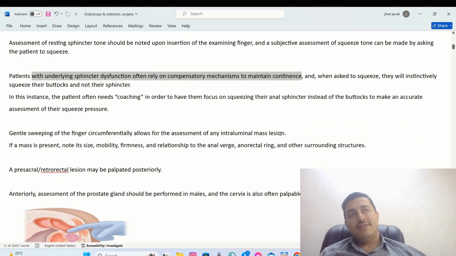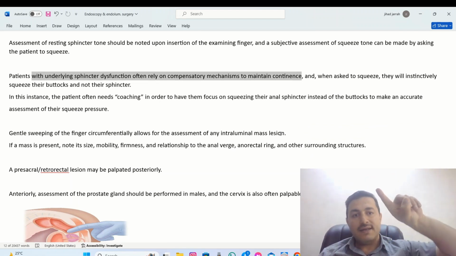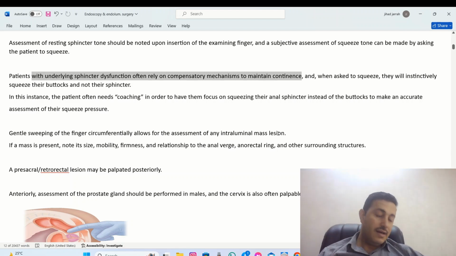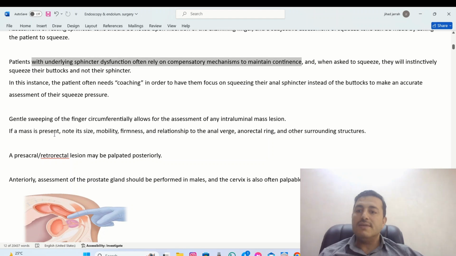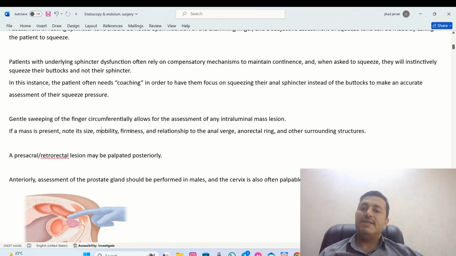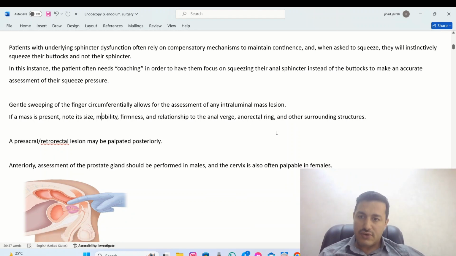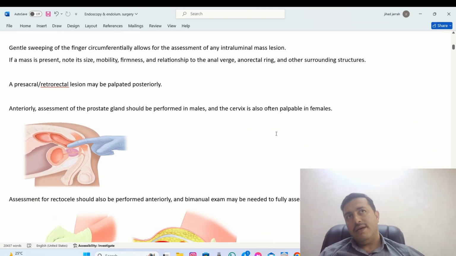After that, we start with circumferential sweeping of the anus and rectum to notice any mass. If we have a mass, we have to document its size, mobility, firmness, relation to the anal verge, anorectal ring, and surrounding structures. Posteriorly, you may notice even not a rectal but a retrorectal lesion, and a presacral lesion can be determined.